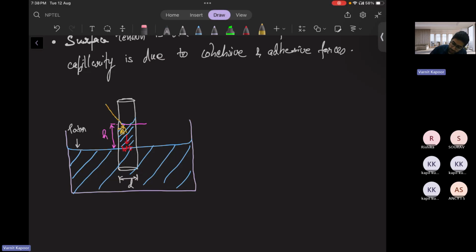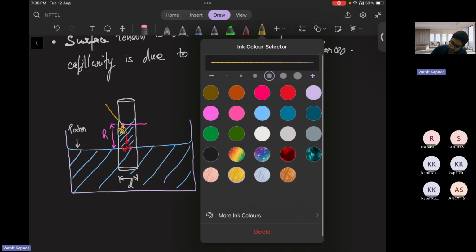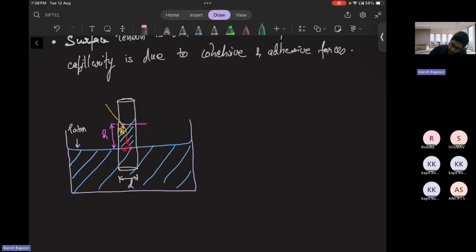Similarly, if you draw a tangent on this side, this will again be from inside the liquid to the surface. This is the surface and this is the liquid inside. That is the tangent with the angle of contact. This is the angle of contact.